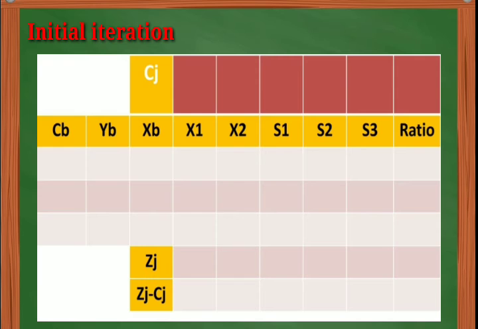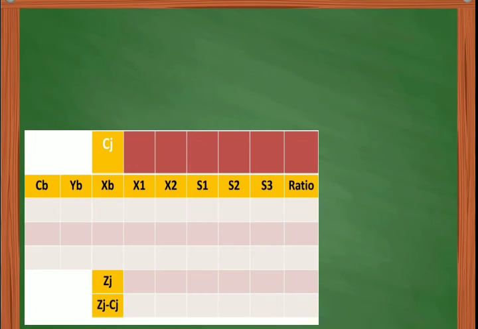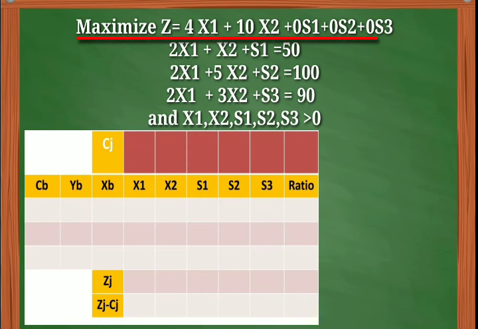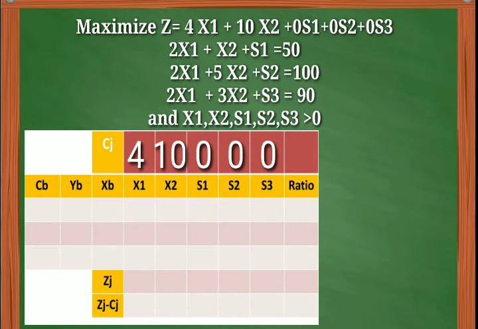Now in step 2, we have to do the initial iteration. In the Xb row write x1, x2, s1, s2, s3. And in the Cj row, write the objective function coefficients 4, 10, 0, 0, 0. And in the Yb column, write s1, s2, s3. And in the Cb column, write 0, 0, 0.